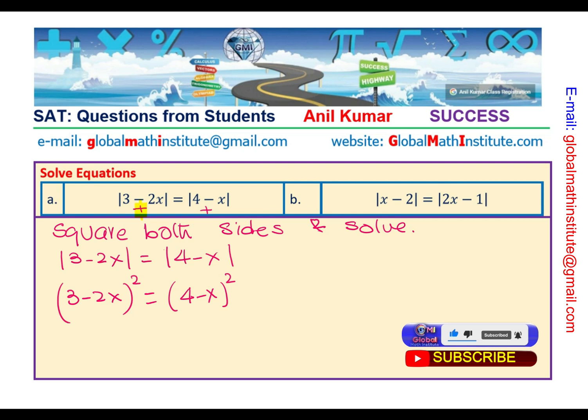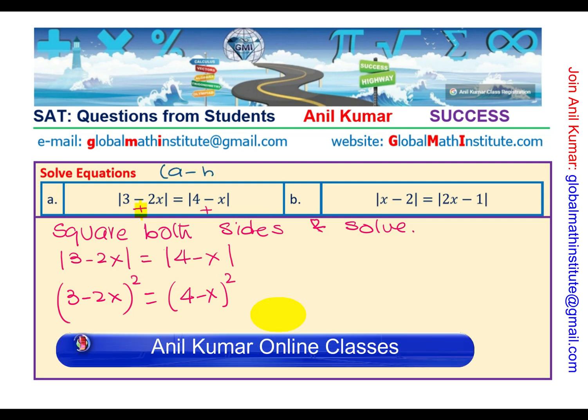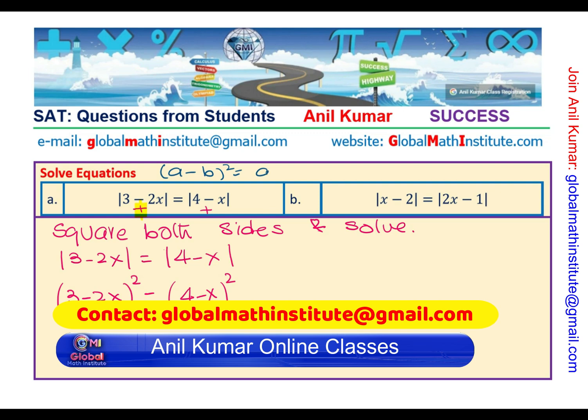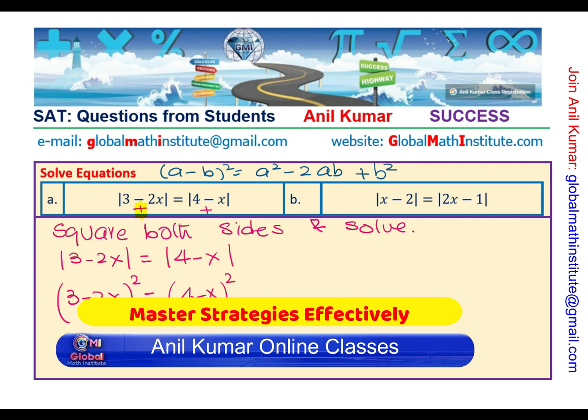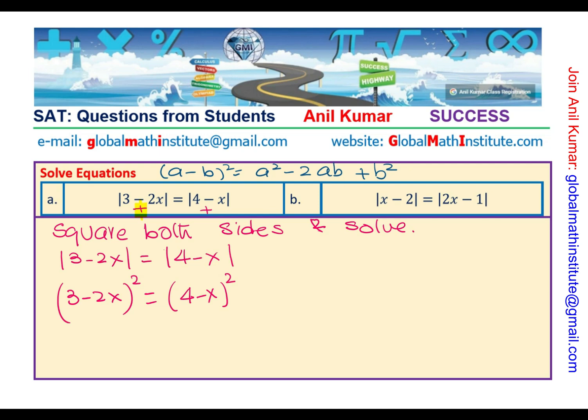We can now expand and simplify, so we get square this. As you know, expansion is (a minus b) whole square equals a square minus 2ab plus b square. Use this formula, expand, and then simplify. Perfect. And then check with my solution.